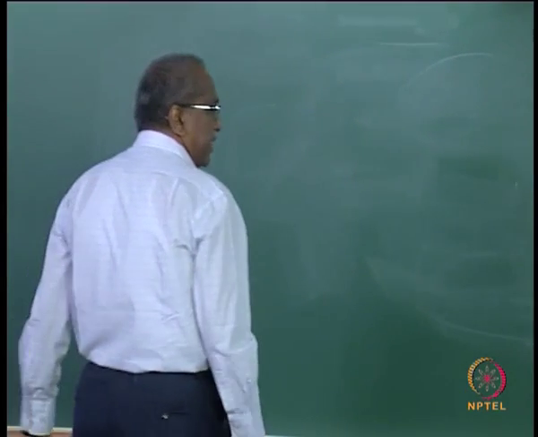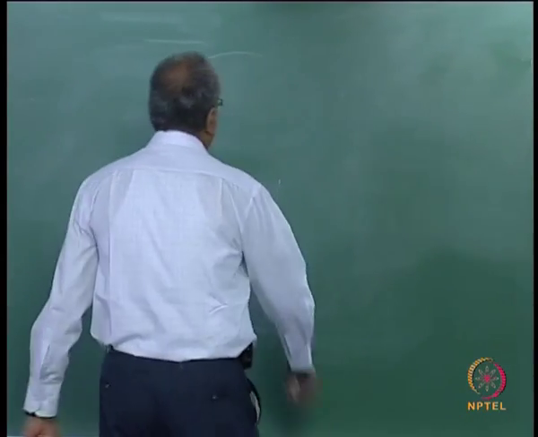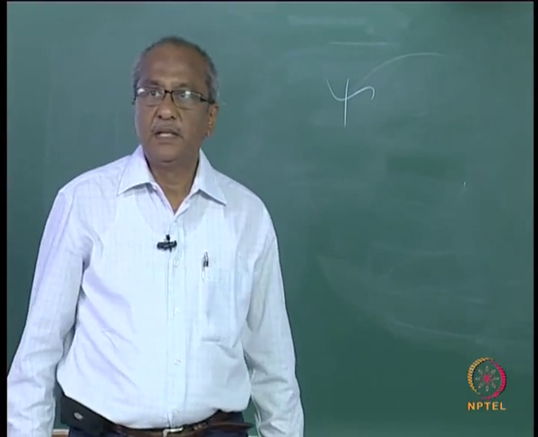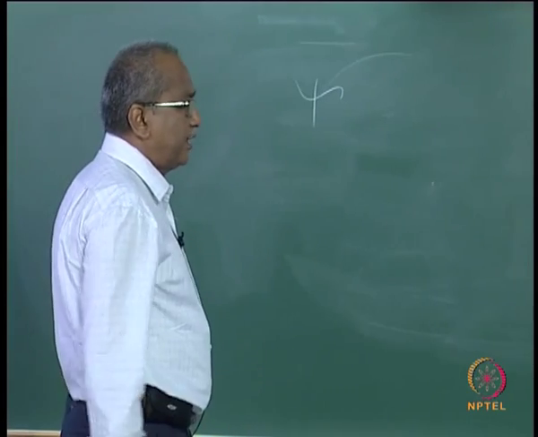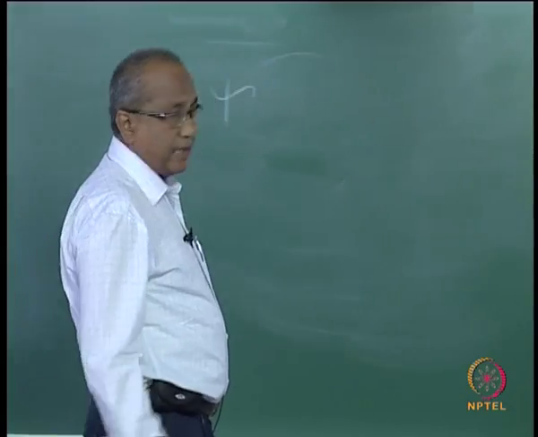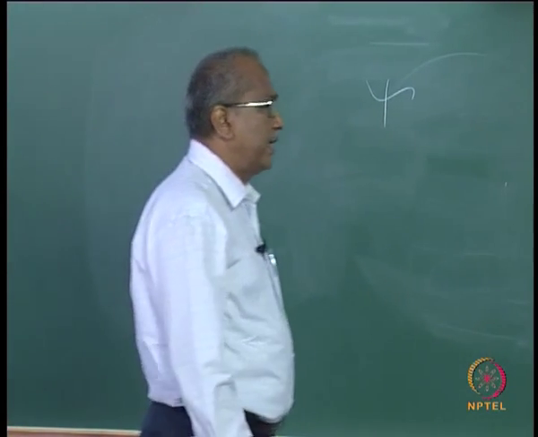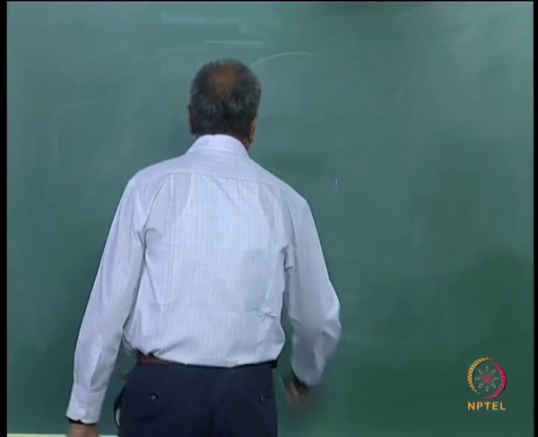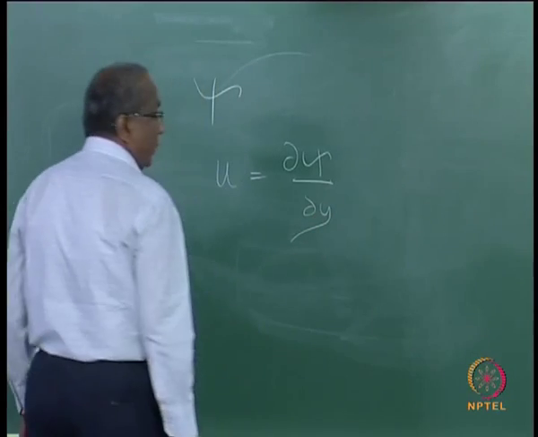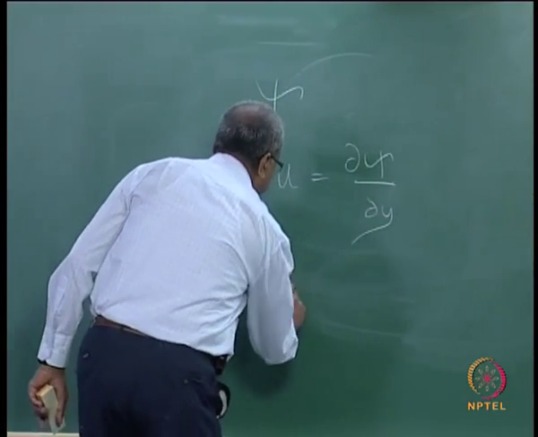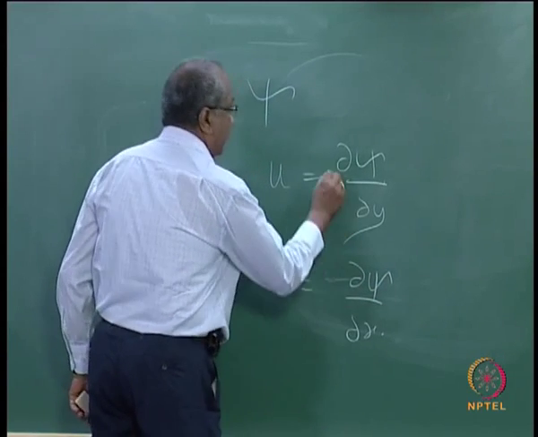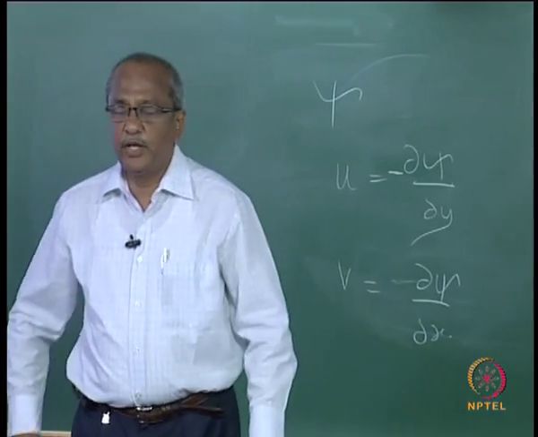Now stream function again is a scalar function of both space and time, such that the partial derivative with respect to any direction gives the velocity at right angles, in the counterclockwise direction, to this direction. So what does this say? u equal to the derivative with respect to y, whereas v equal to the derivative with respect to x, and since we are talking about counterclockwise, there is going to be a negative sign for one of them.